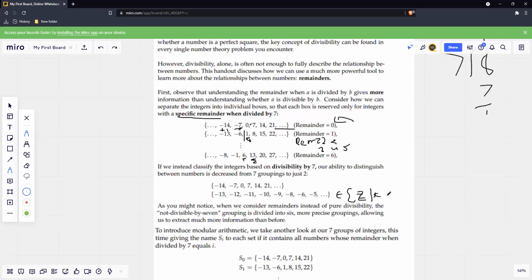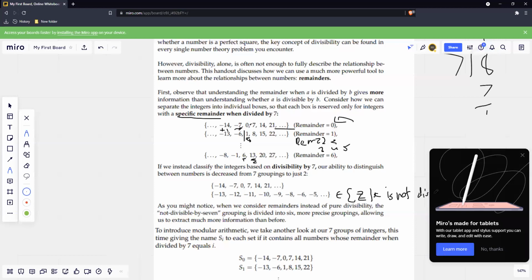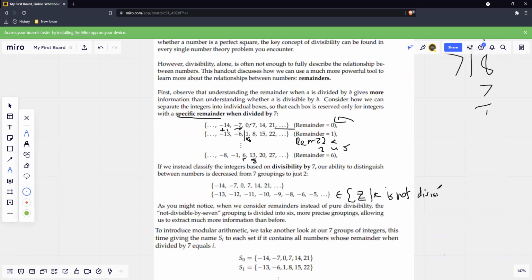Actually, to make the definition of this set much better, you need to use modular arithmetic, but for now we can just use words. That's basically everything in this, and this is basically all the numbers divisible by 7. As you can see, we have these different sets, remainder 1 and so on, and this gives us much more information than this. We only have 2 groupings, which is not as precise.